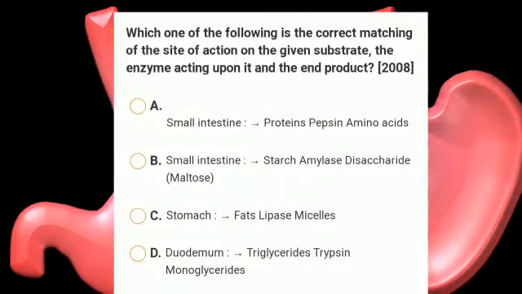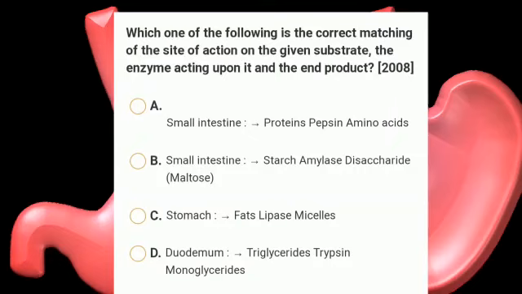This question was asked in 2008. Which one of the following is the correct matching of the site of action, the substrate, the enzyme acting upon it, and the end product? The first is small intestine, protein, pepsin, amino acid. Second is small intestine, starch, amylase, disaccharide, that is maltose.